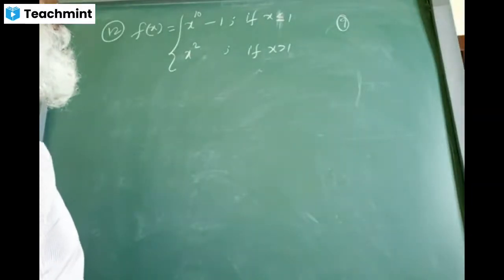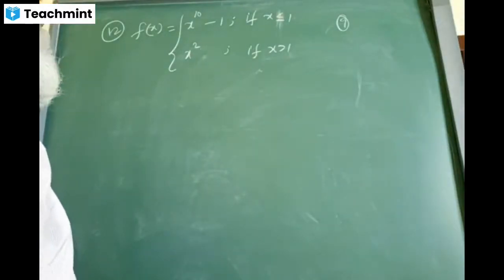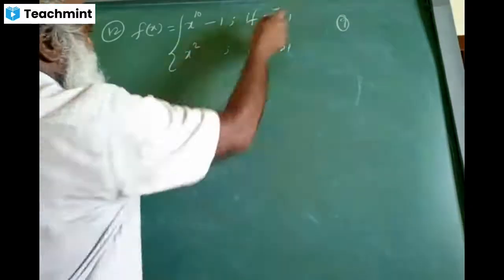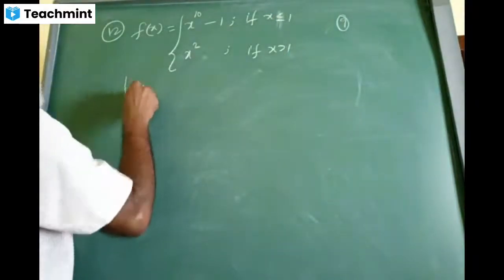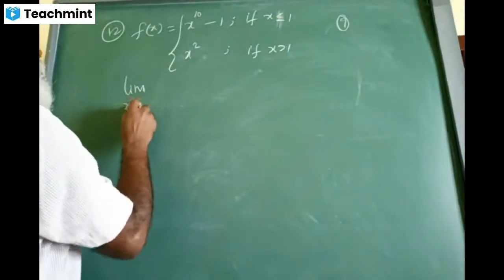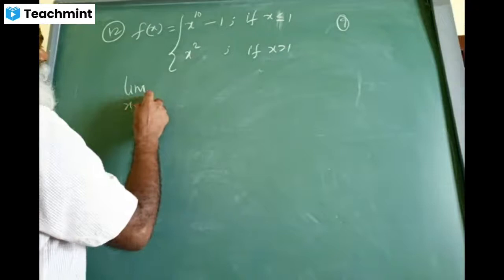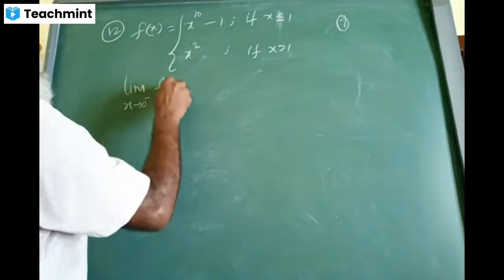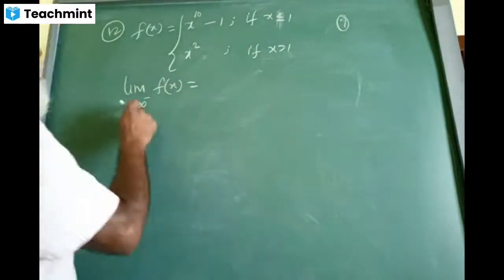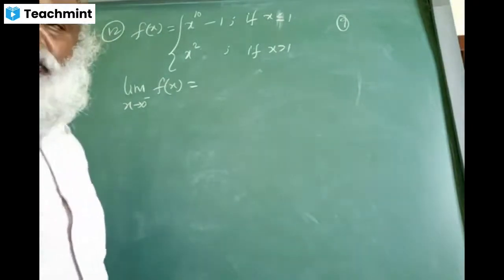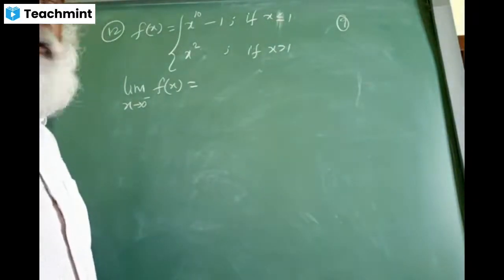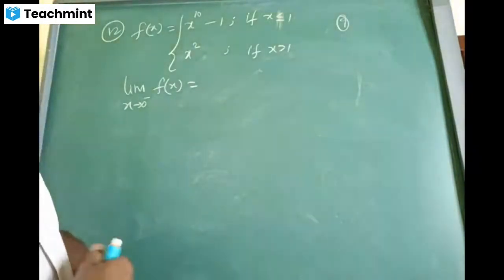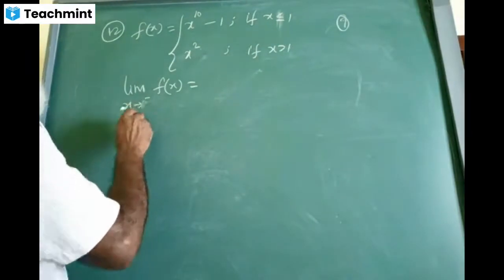Friends, now we are talking about 1, so we need to write the formula for continuity. Limit x tends to 1 minus f of x. What is the function here for 1 minus? Madheshwar, what is the function for 1 minus? Please tell me. Sorry, 1 minus.